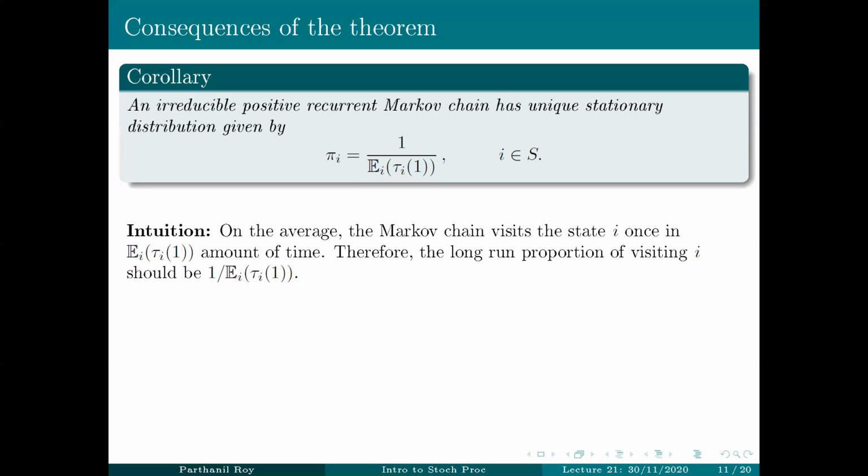So therefore, the long run proportion of visiting I should be 1 over this, because in this amount of time, the number of visits is 1. So in unit amount of time, the number of visits should be, okay, this is all heuristics, 1 over this. That should be the long-term proportion of visiting I.